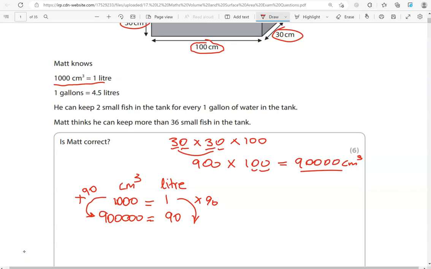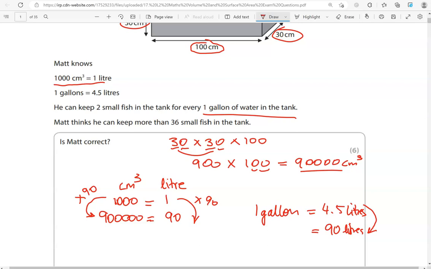We need to know how many gallons of water that is so that we can use the ratio that has been given to get the number of fish. So 1 gallon is equal to 4.5 litres. What about 90 litres? How many gallons is that? So how many 4.5s fit into 90?